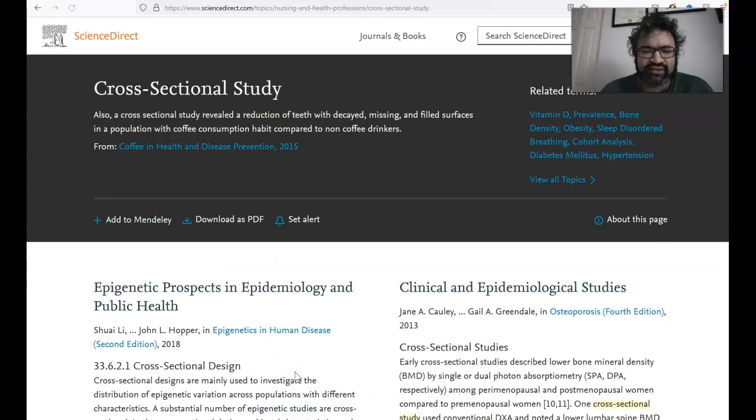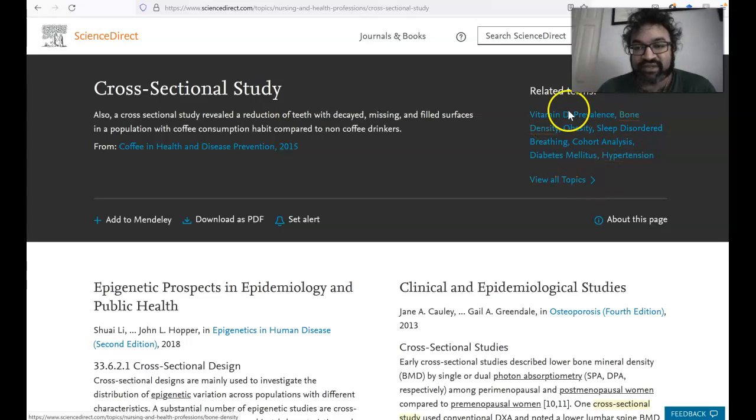So let's take a look at cross-sectional study, and you can download this topic page as a PDF and explore it on your own, or just directly explore it like we're going to be doing here. Just cross-sectional study, you can see the related terms, which means that these are all topic areas which lend themselves well to cross-sectional studies, and people have conducted them.